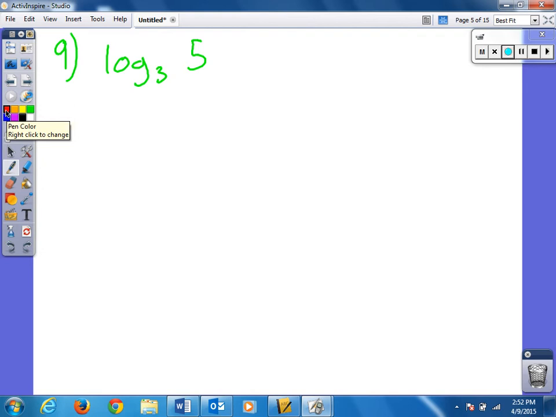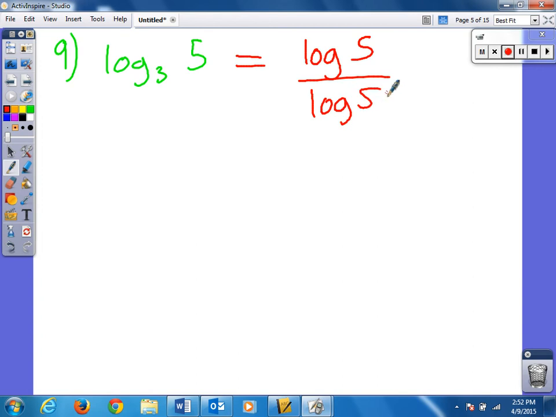Log base 3 of 5, so this is asking you what power do you have to raise 3 to get 5. Now this is going to be a fractional exponent or a decimal, and so there's no good way to do this intuitively, so you're going to have to plug it into your calculator. And to do that, you're going to have to use the change of base formula. So we'll say the log of 5 divided by the log of 3, that's equal to, 3, not 5, that's equal to the log base 3 of 5.